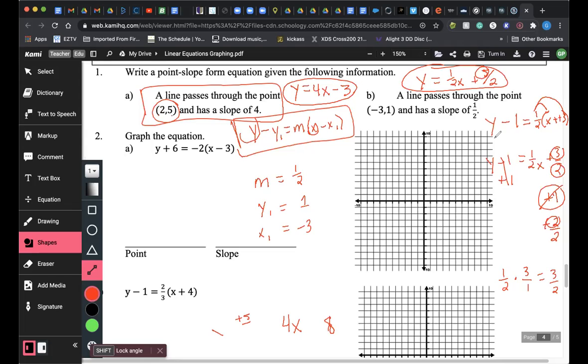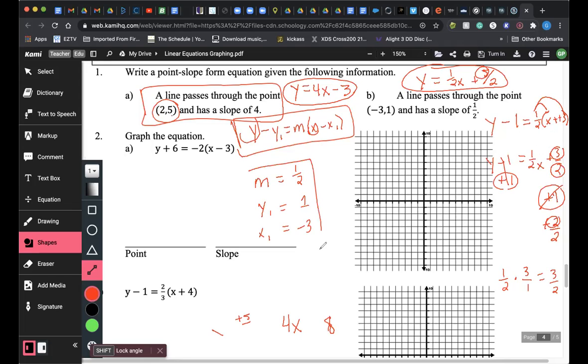All right, so hopefully you guys got at least to the point where you got 1/2 x plus 3/2. This other part here where we're adding 1 is a little challenging, but all the other points were a repeat of what we did before, right?